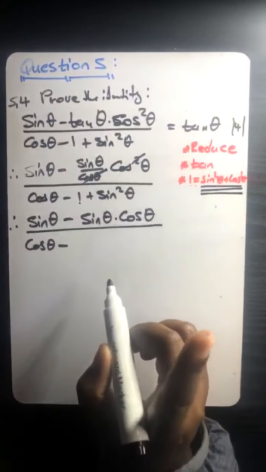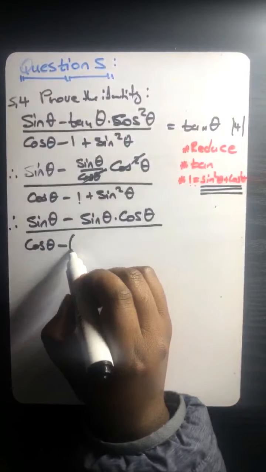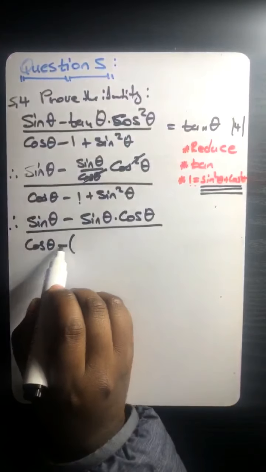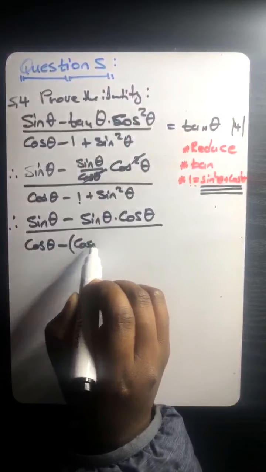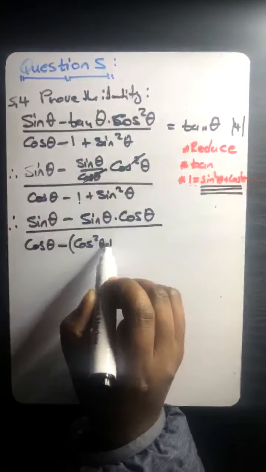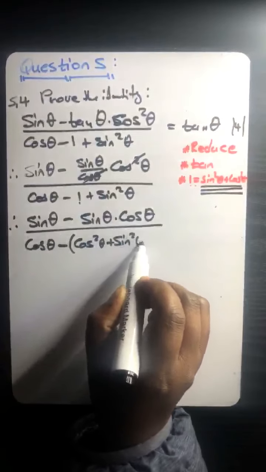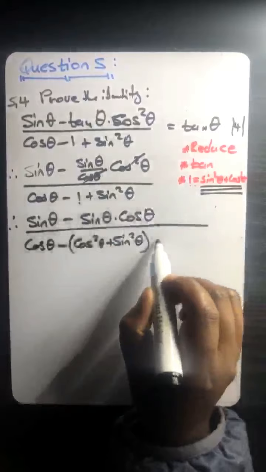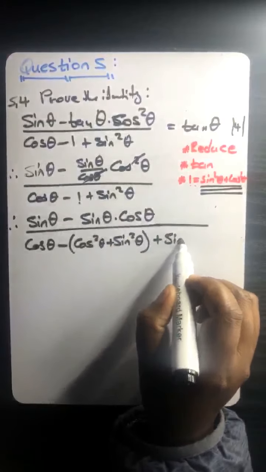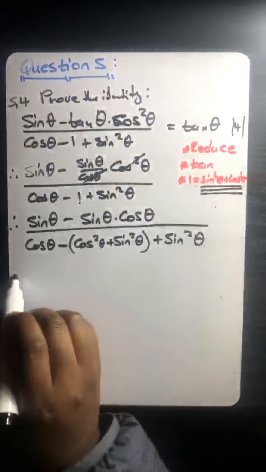But the tricky part is that when you substitute, put it in brackets so that you don't lose the impact of that negative. So we can say we have cos squared angle plus sine squared angle, then we close, and from there we add plus sine squared angle.